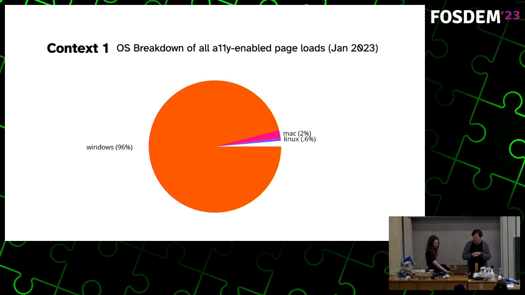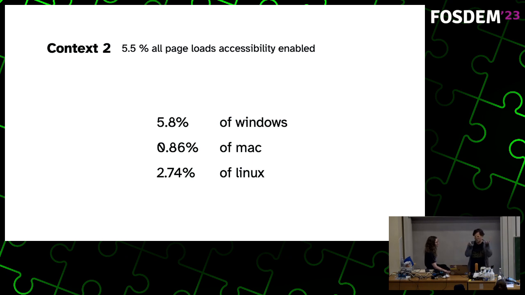So context for Firefox and accessible technologies is not great from the free software perspective. Almost all our users are on Windows, and then you have a very small sliver of Mac and Linux, which is under 1%. We just have to know where we are, and that's where we are.